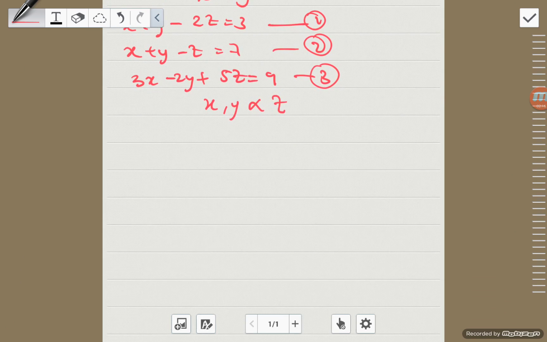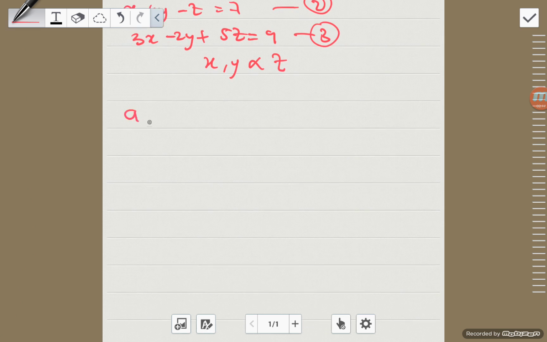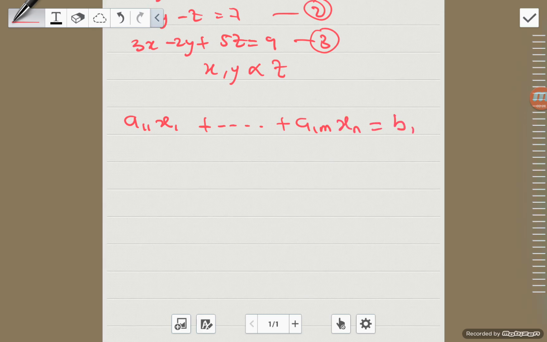Therefore, if I have a system that is represented as a11 x1 plus up to a1n xn equal to b1, then up to am1 x1 plus up to amn xn equal to bm, this is what we call a system of m linear equations with n unknowns.